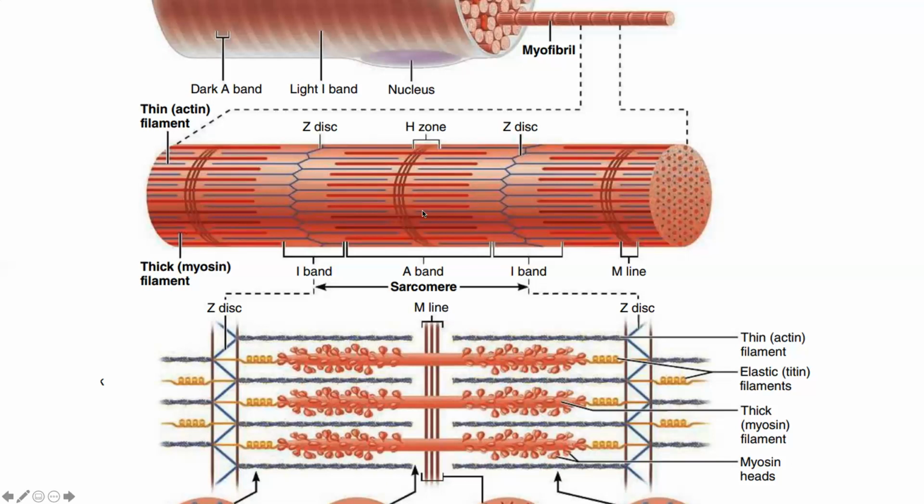So if you look at the H zone, the H zone is more in the center. We only have myosin. The way I try to remember is H is double the width of I, and therefore in the H region we have myosin, which is much bigger than actin.